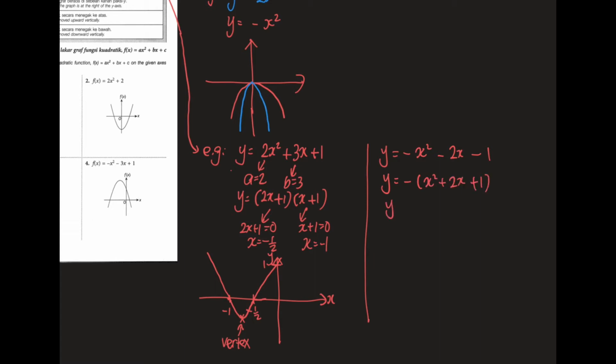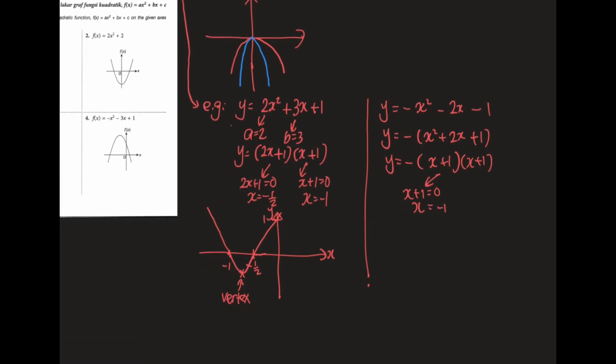Then I factorize, it becomes x plus 1, x plus 1. So from here I know that x plus 1 equal to 0, x equal to negative 1. The second factor ends up with x equal to negative 1 also. So for this case, you can see the x-intercept is negative 1.